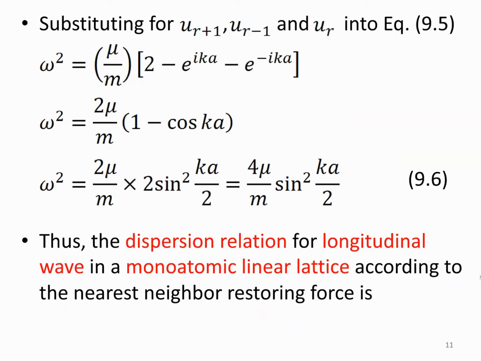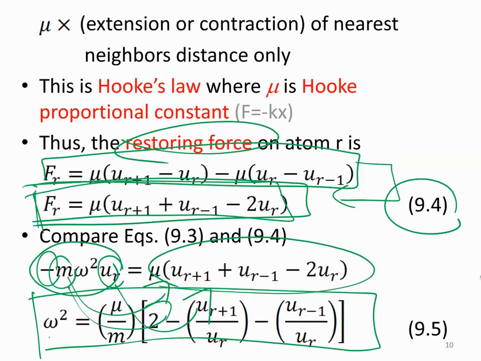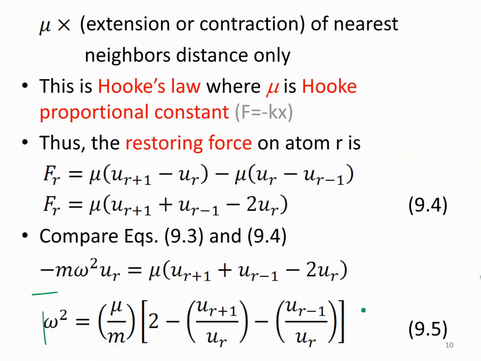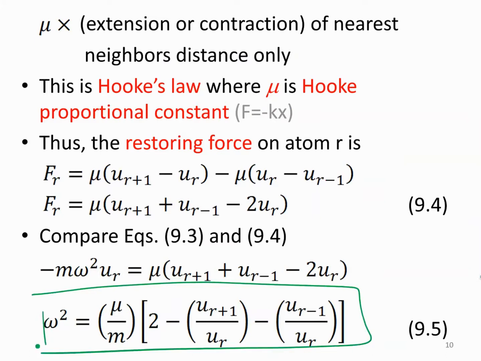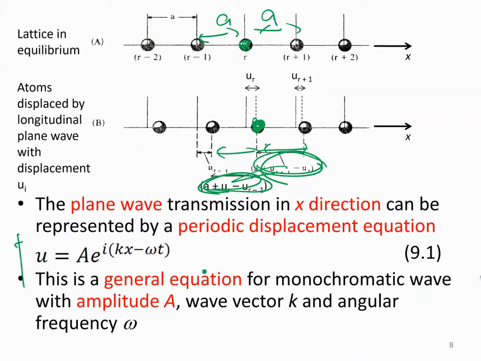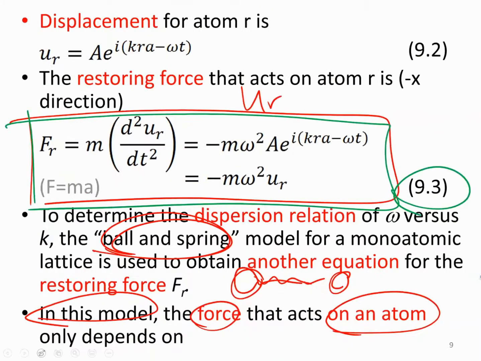Okay, so based on equation 9.5, you want to further simplify it. We know the equation for UR and UR plus 1 as well as UR minus 1.